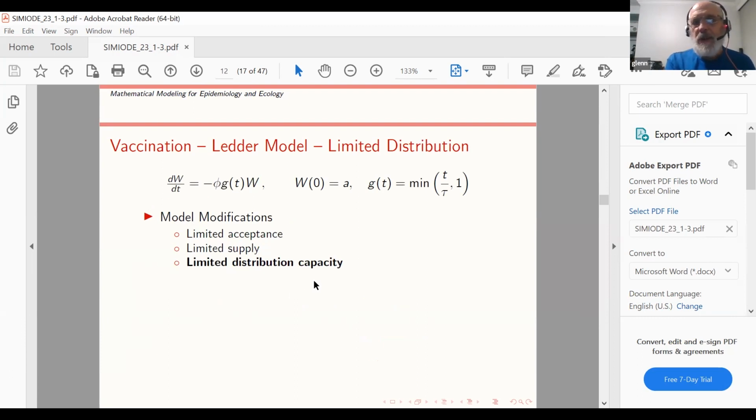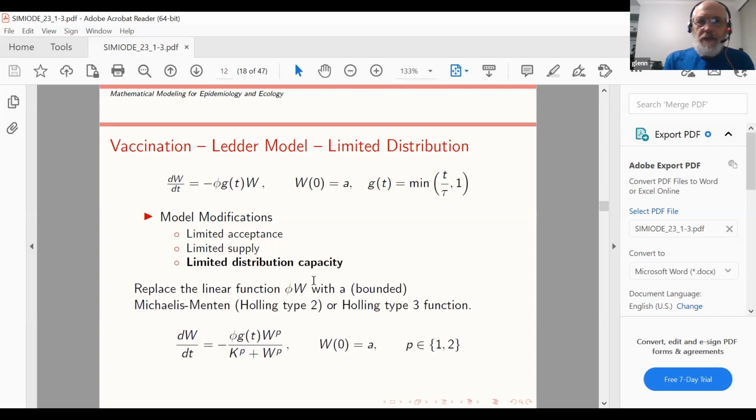And the idea here was, and here's where modeling really comes in, Tracy will appreciate this particularly. The idea is that vaccinators are like enzyme molecules in enzyme kinetics. And the people who get vaccinated are like the substrate. And so a Michaelis-Menten kind of model should work. And so if you take P equal to 1 in this formula, that's the Michaelis-Menten model with the extra factor G of T. So the idea is that there's a bound to how large the vaccination rate can be.